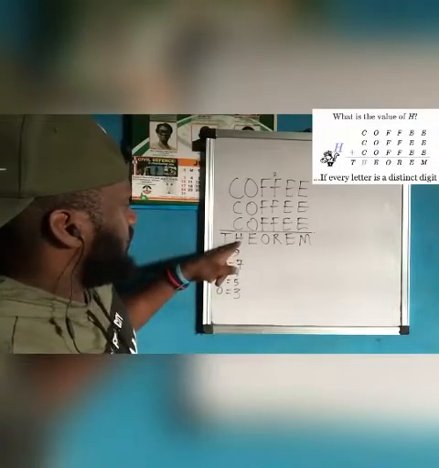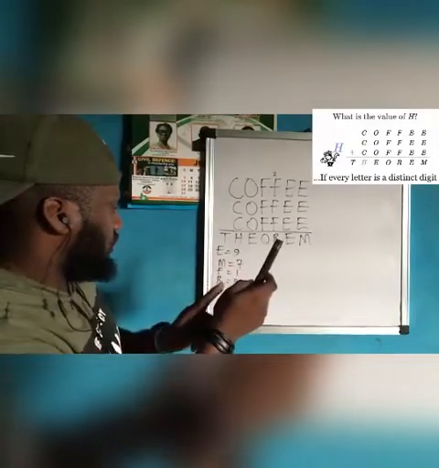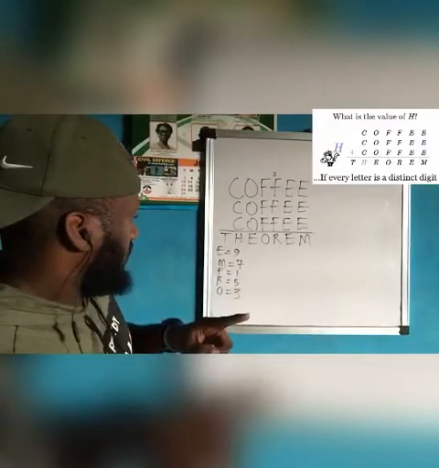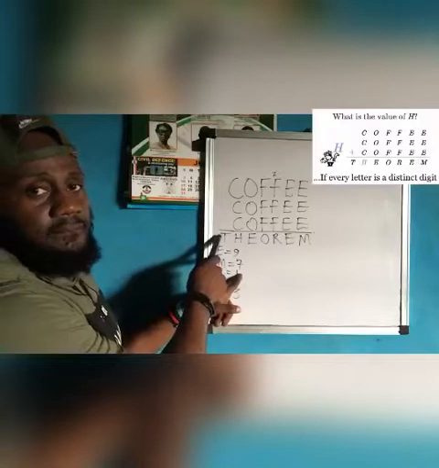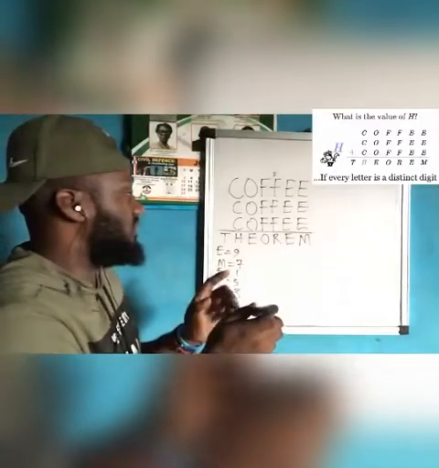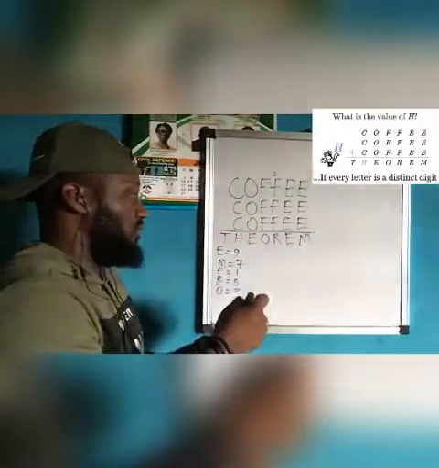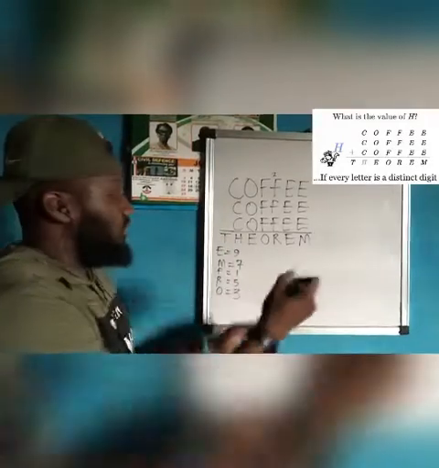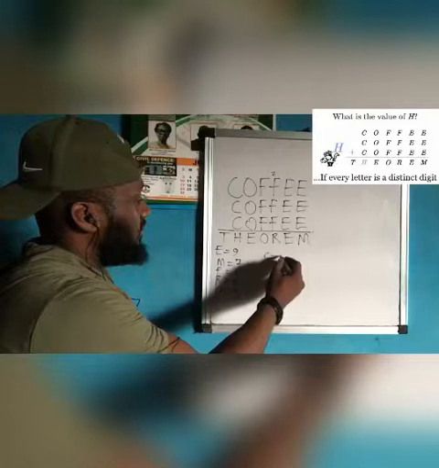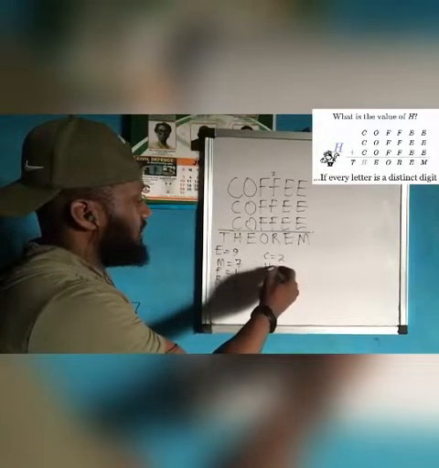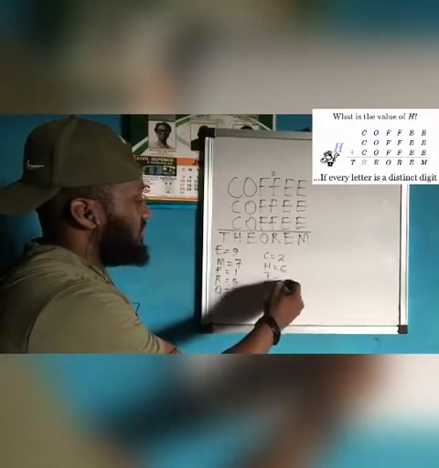So H could be 2, then T will be 1, but F is already 1, so T cannot be 1. So that's the wrong thing. We've gotten one already when we assume that T is 0: C can be 2, H can be 6, then T can be 0.